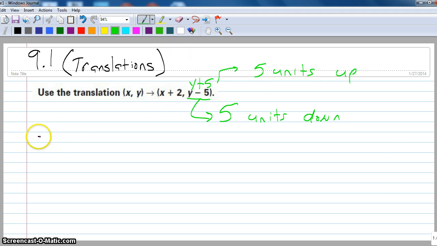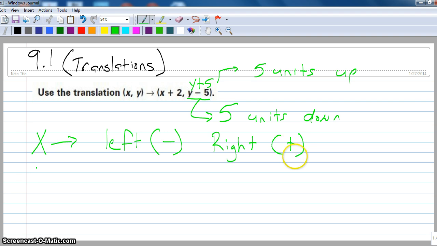In other words, the x controls left or right: left if it's a negative, right if it's a positive. For the y, you go up if it's positive, down if it's a minus. Like I said, we're going to graph it later, but for right now we're going to do something else, so hold on.